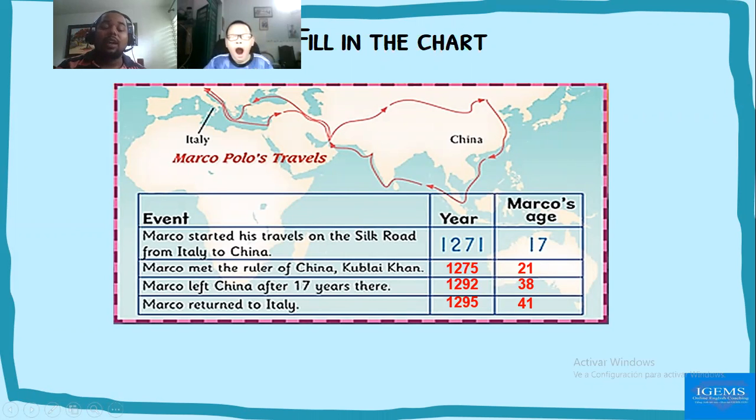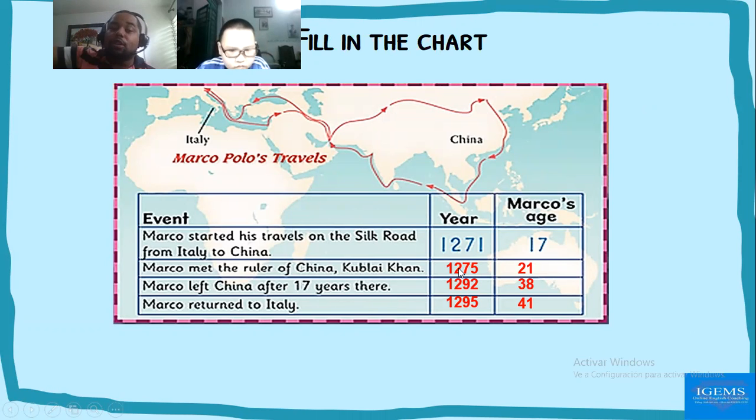Then after that, Marco returned to Italy, and it was 1295. Understand that? Okay. In 1271, he started his travel to China.